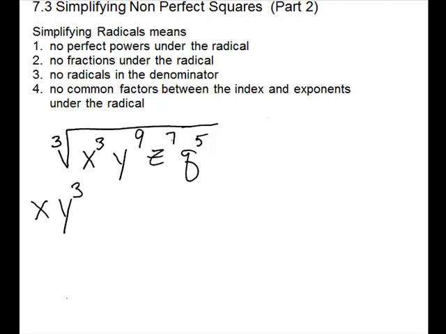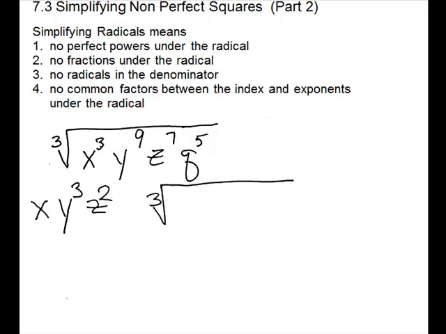For the z, 3 goes into 7 2 times. So a z squared. And I should leave some space and put my remainders. All right, I did not have any remainder with the first one. 3 goes into 3 1 time. Nothing left over. 3 goes into 9 3 times.